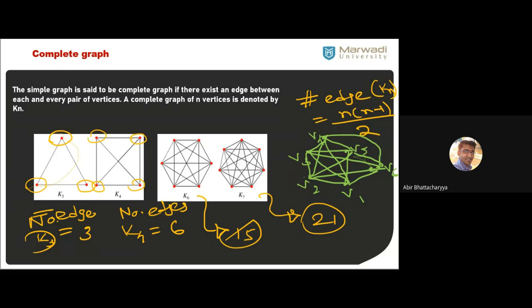Just count the number of edges. While you are drawing the edges, count first edge 1, second 2, 3, 4, like that. When 28 are completed, you are satisfied. You don't need to ask faculty to check it. You are your own master then. All of you have done.